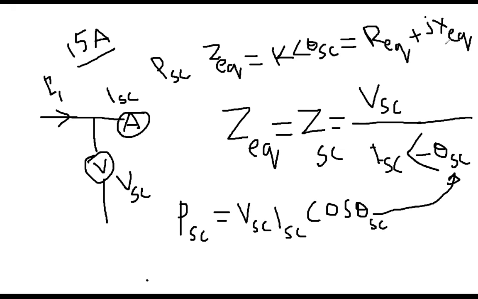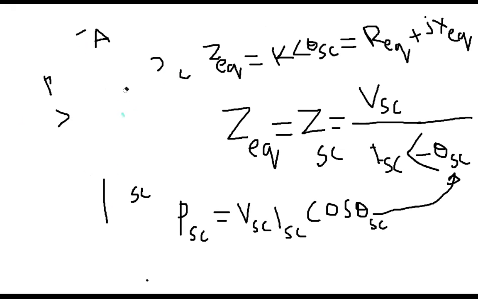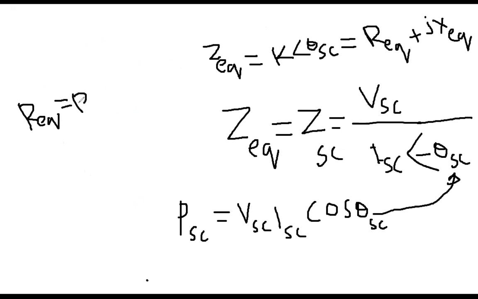Now come back. What is that R equivalent and what is that X equivalent? I am deleting this side and these things. We discussed before, your R equivalent is R1 plus A squared R2. You remember that equivalent circuit I was discussing, where I transferred R2 from the secondary side to the primary side. This is your R equivalent. And what is your X equivalent?